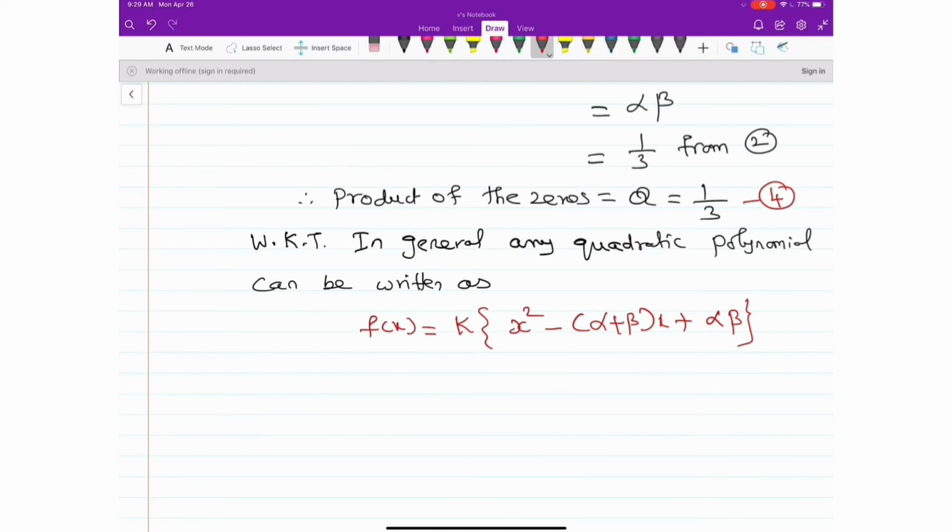Here you have taken the sum of zeros as P and the product of zeros as Q, where k is any non-zero real number.